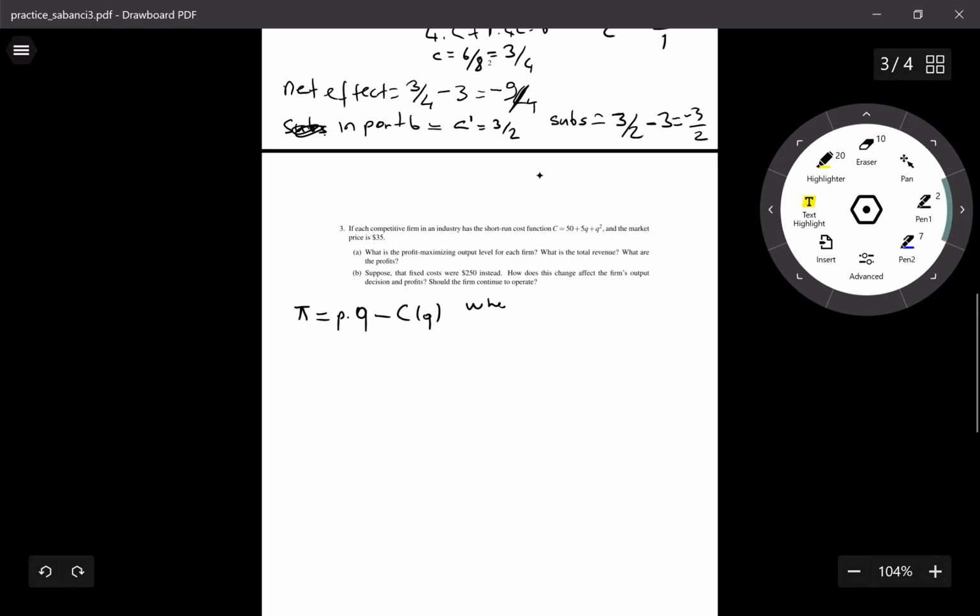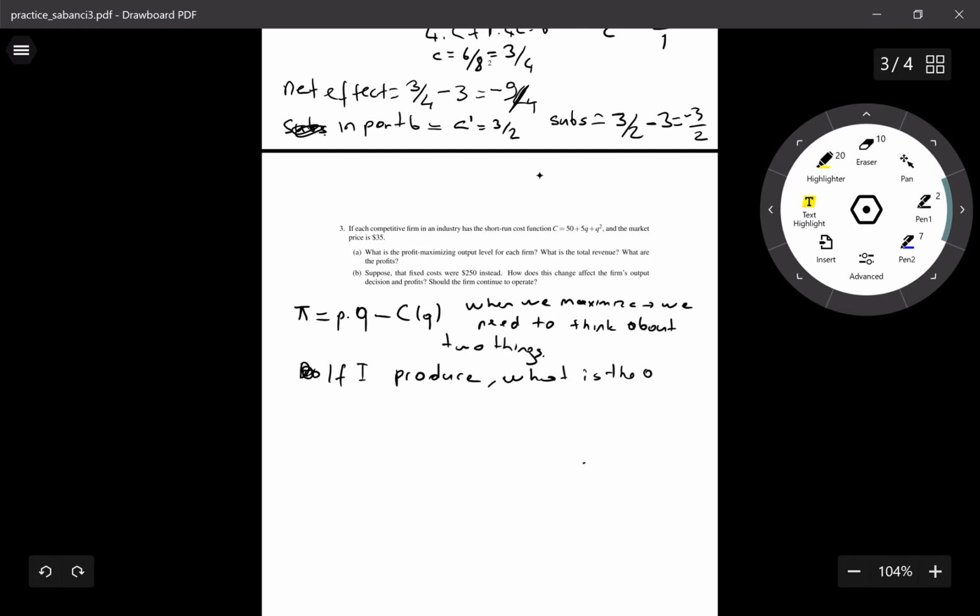when we maximize, we need to think about two things. The first is, if I produce, which means that I do not shut down, what is the optimum level? Then, do I shut down?